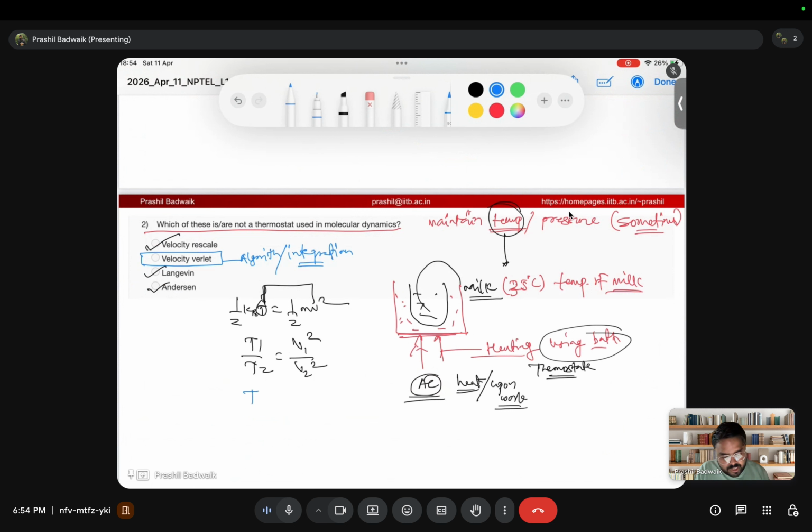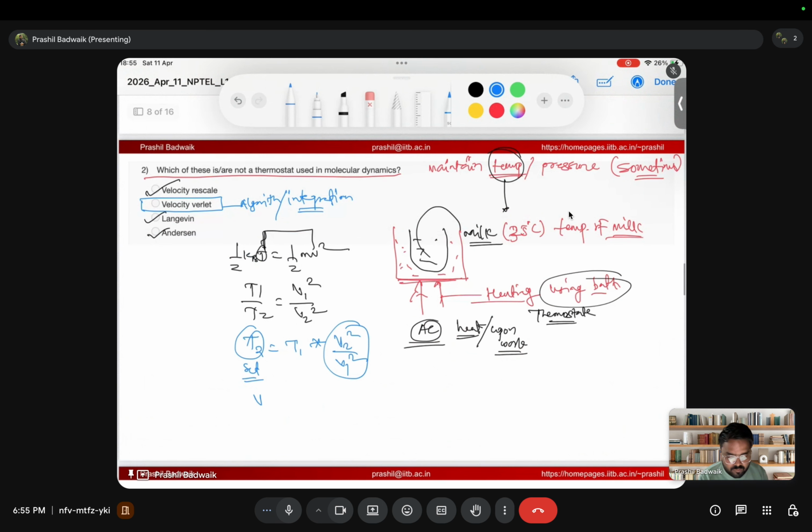So T2, that is the next temperature, is equal to the current temperature, this is my set point, times V2 squared divided by V1 squared. Similarly, V2 squared upon V1 squared is equal to T2 divided by T1 times V1 squared.